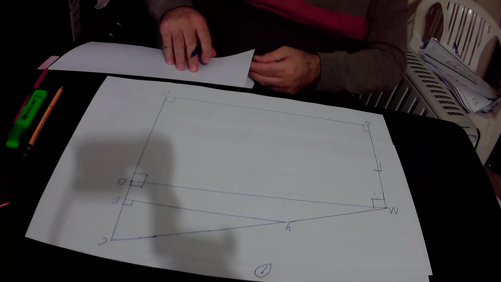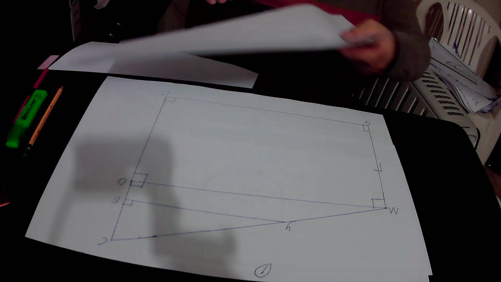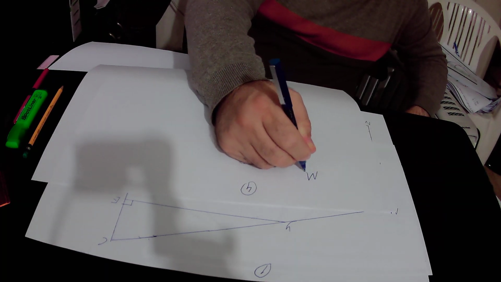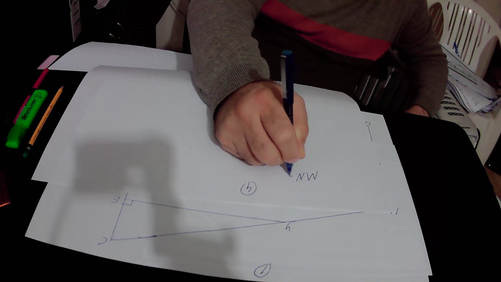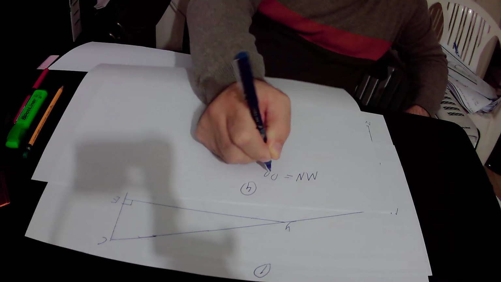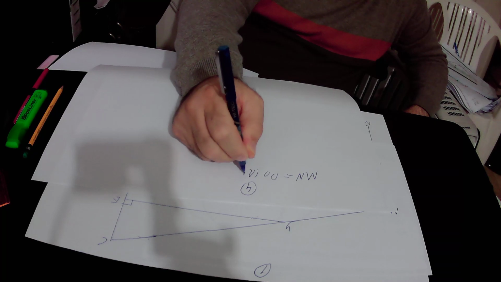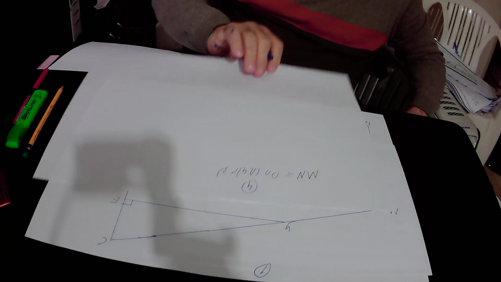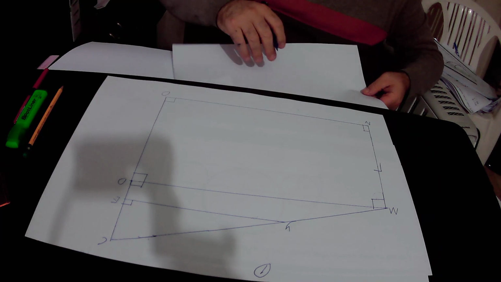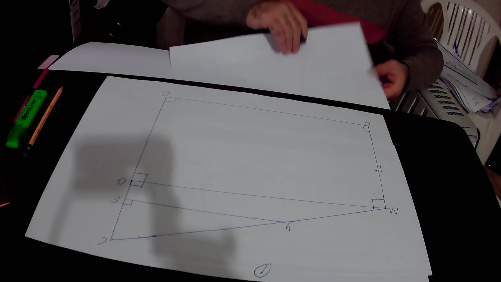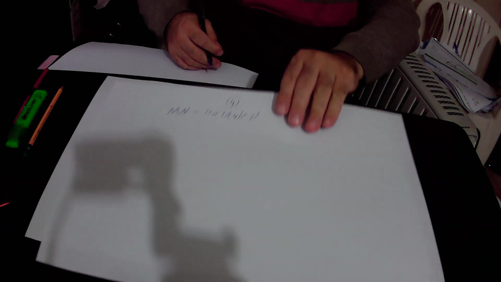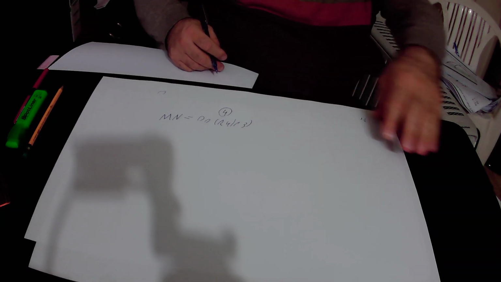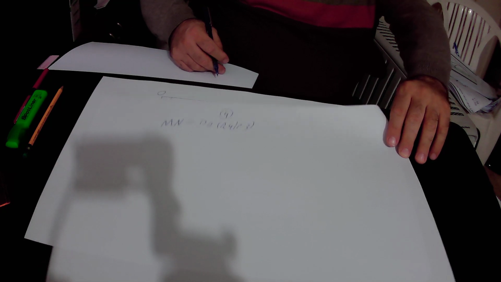We'll write it down: MN is equal to DO according to rule number 3, that the opposite sides of a rectangle are equal to each other.